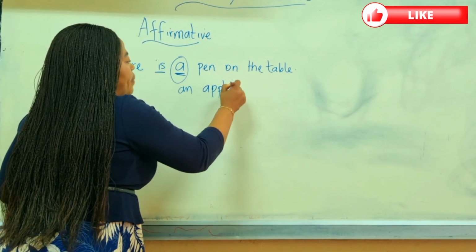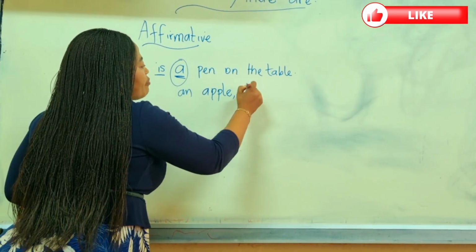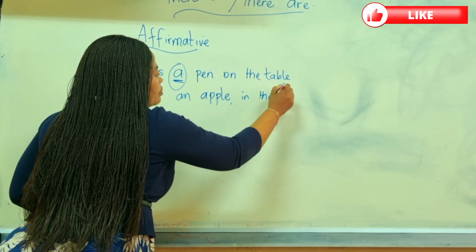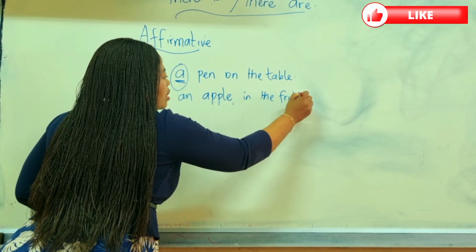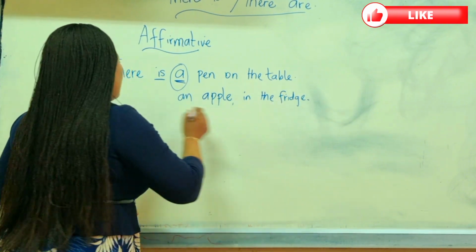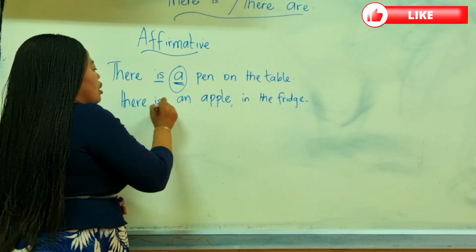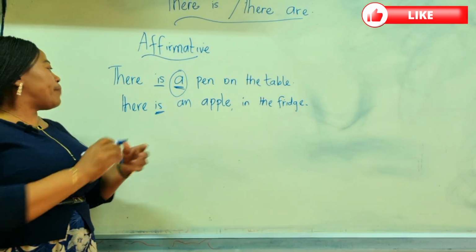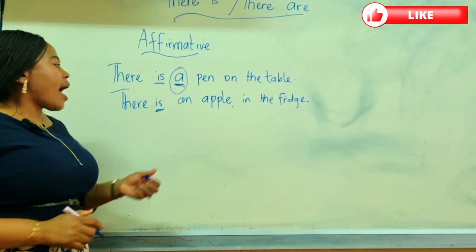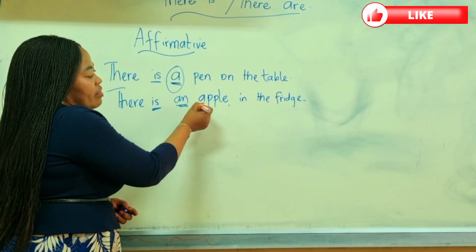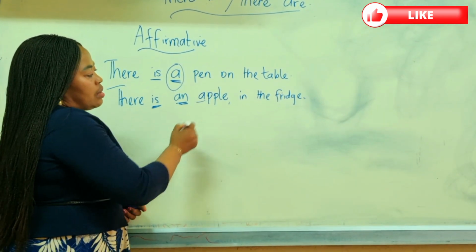There is an apple in the fridge. The fridge or refrigerator. There is an apple in the fridge. Apple, here we use an because we have the vowel.